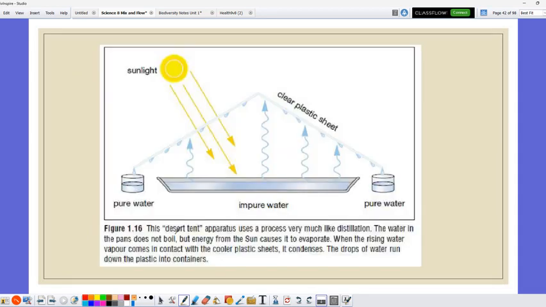Well, I'll show it to you right here. There it is. So you can see there's a tent and sunlight, and there's the impure water, and there's a clean plastic sheet. And so it evaporates, and then it condenses on the sheet, and then it comes down into collecting containers on either side. So if you ever had to purify water, that would work.